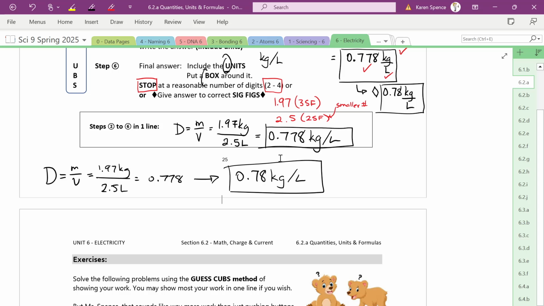Okay. Anybody else need to borrow a calculator? Not yet, okay. You need to borrow a calculator? Okay, can I get your phone? Thank you.